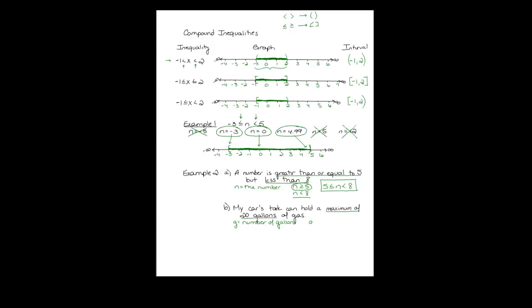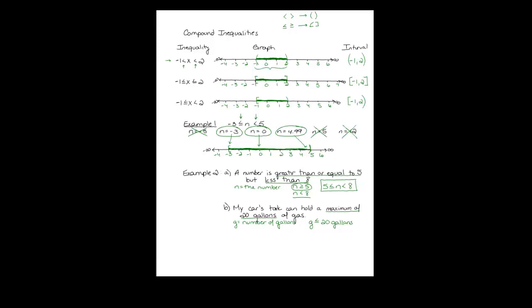So that means that G has to be less than or equal to 20 gallons. Now if you look at this inequality, what this indicates is that G can be any number provided it is less than or equal to 20, and that's not actually the case. If you think about a car's gas tank, a car can't hold a negative number of gallons. So G cannot be negative, but it could possibly be 0 if the car is completely empty.